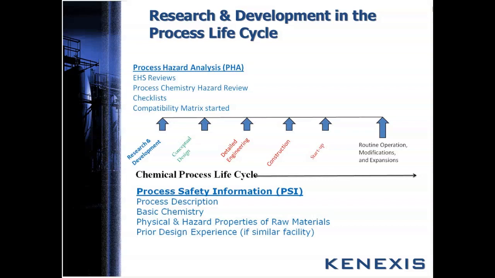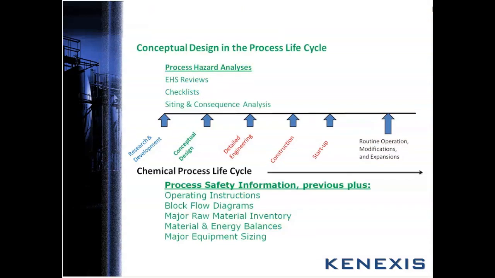Well, you begin starting checklists. You can start compatibility matrices. You can conduct some EHS reviews to get you a little bit more information. But as the information moves from R&D to conceptual design, you start to put together some really quite interesting parameters that you can use to do some study.